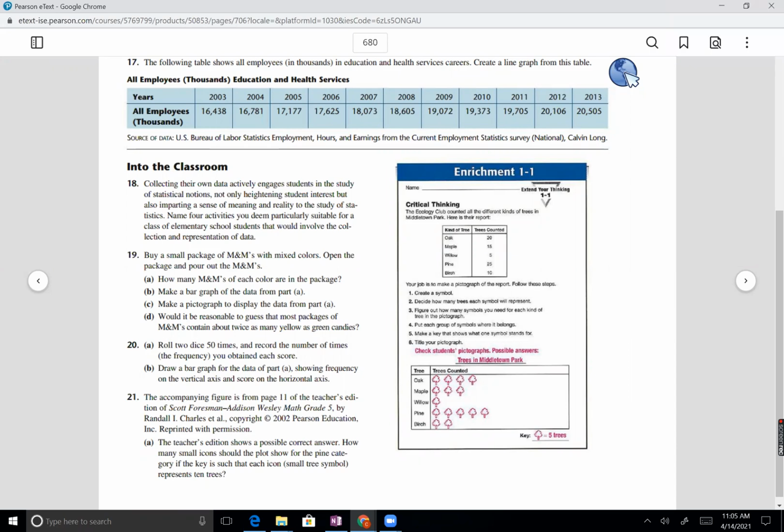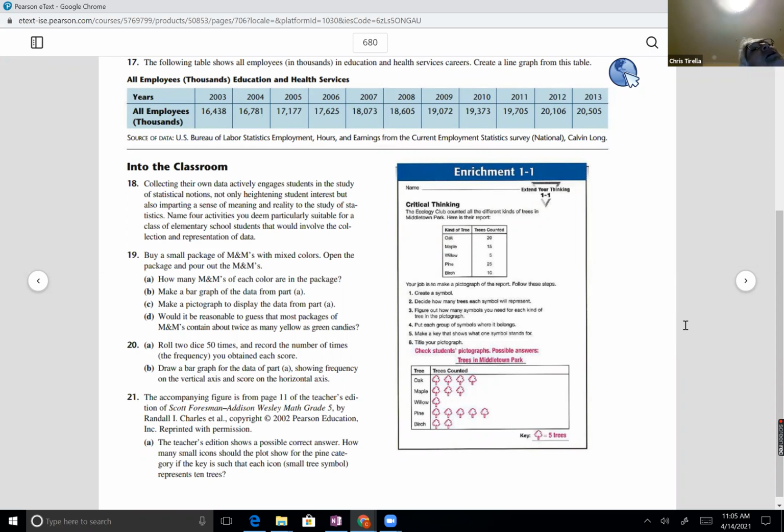But sometimes it's more fun if they have ownership of the values. So, name 4 activities you deem particularly suitable for a class of elementary students that would involve the collection and representation of data.